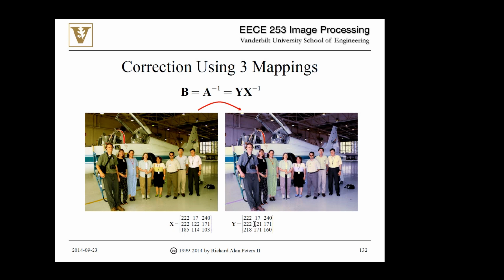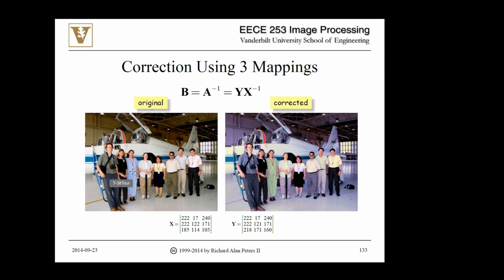Then I try to find A. With these correspondences, this is the transformation. We take this one and make it like this. It is still not the original, but you can see this is better than the degraded one, which lacked a lot of glue. Now this has more glue, but it is still not as good as the original.